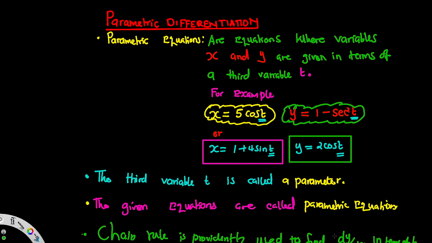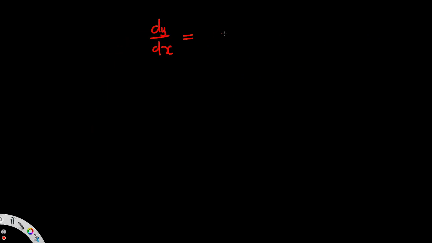Now we need to move further down so that we can see how to differentiate parametrically. dy/dx is going to be obtained by the chain rule, and is going to be dy/dt divided by dx/dt.